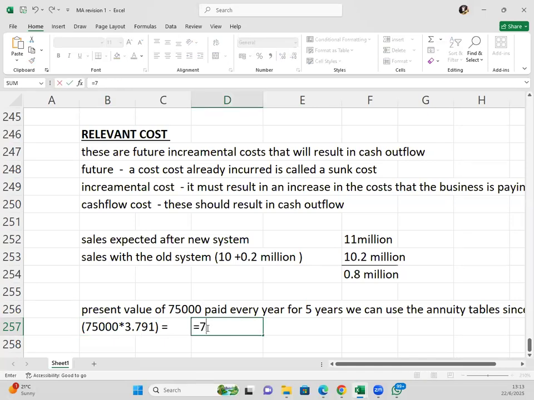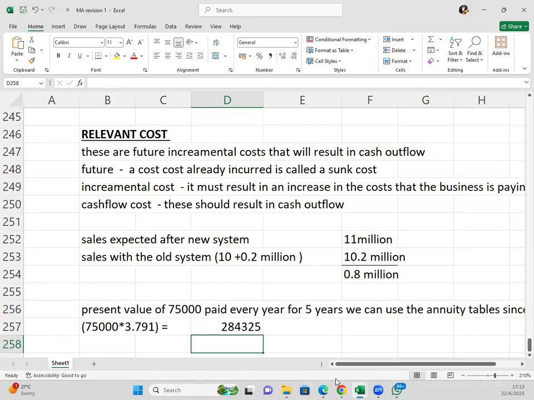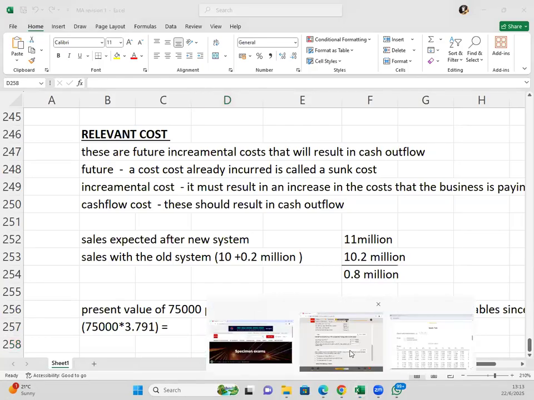So we're saying 75,000 times 3.791. So that would be 284,325. Let's go and check this, try this one.